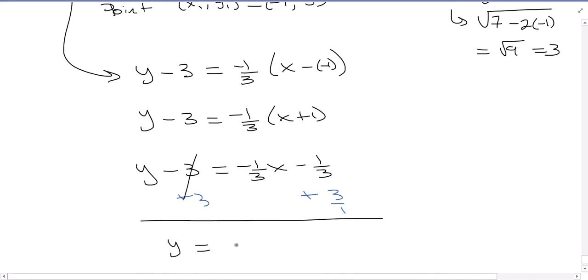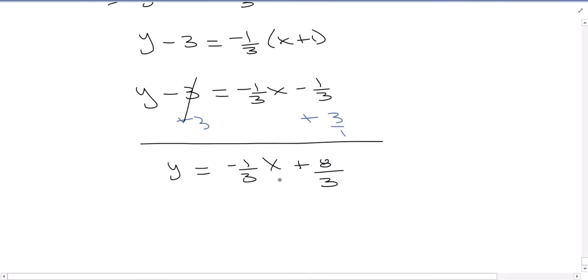What's the common denominator? 3, so you're going to multiply this one by 3 over 3, so you're going to have negative 1/3 plus 9/3, so it'll be plus 8/3. So that will be your equation of the line tangent to the graph at x equals negative 1.